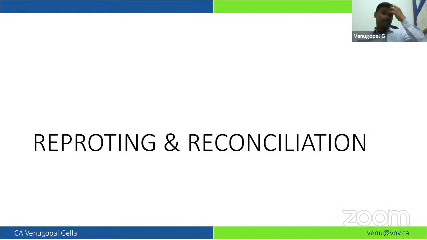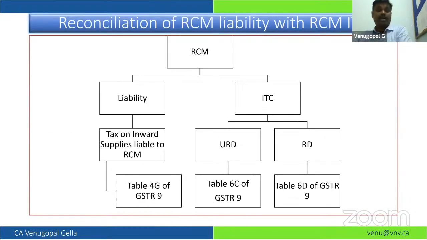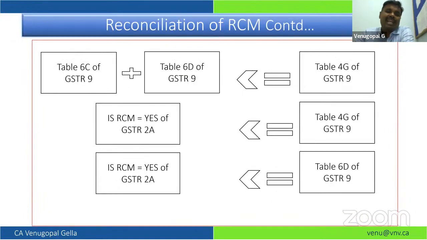So how do I report and reconcile? Reporting of liability is there in 4G of GSTR 9, ITC is there in table 6C and 6D. Purchases made from an unregistered person is 6C, purchases made from a registered person is 6D. What are the tests that you need to do? You need to ensure the liability is more than the credit.